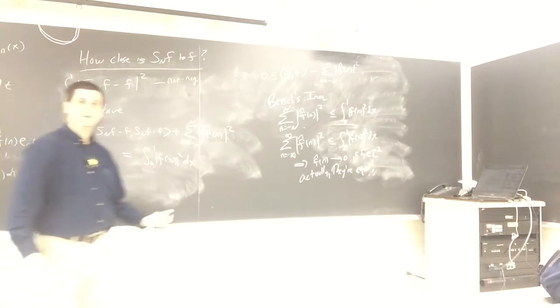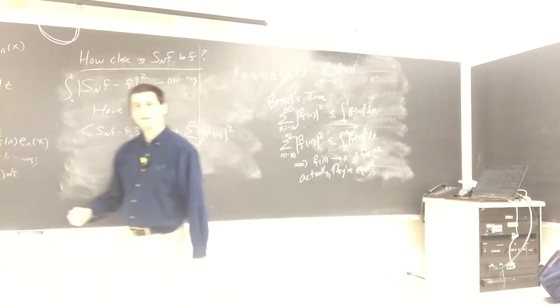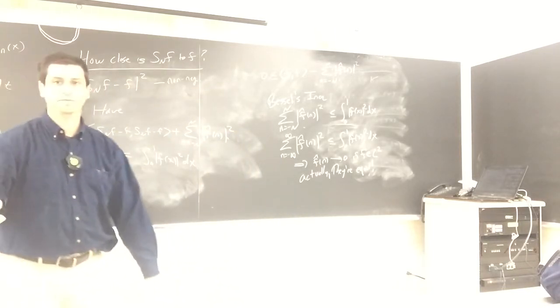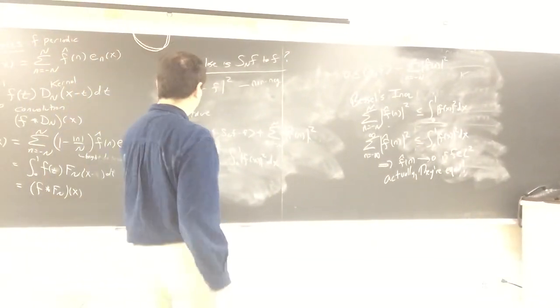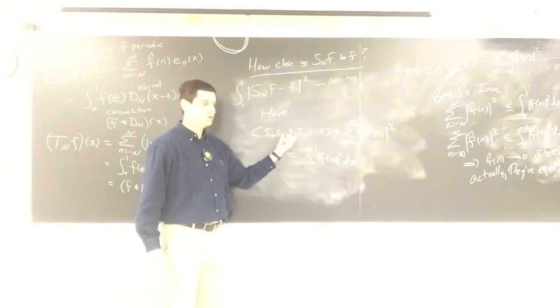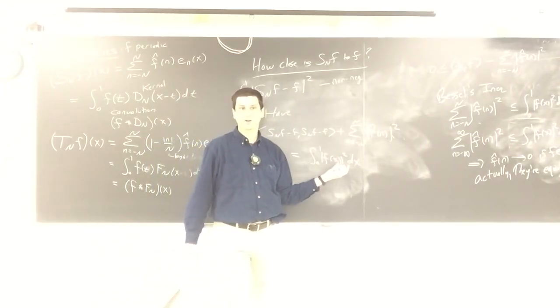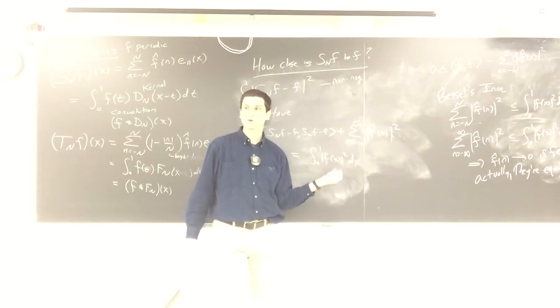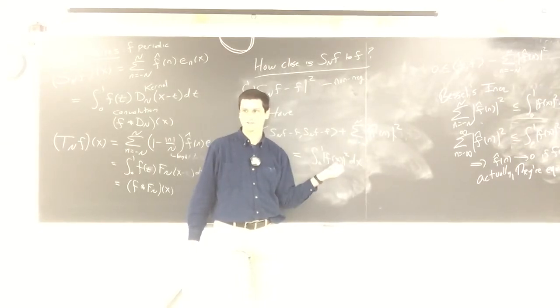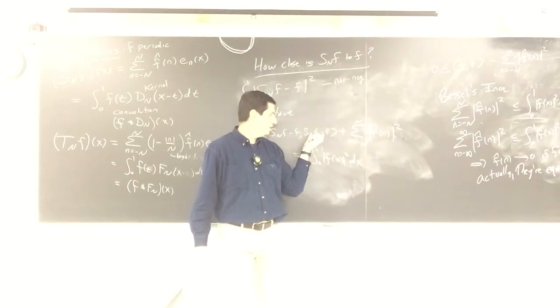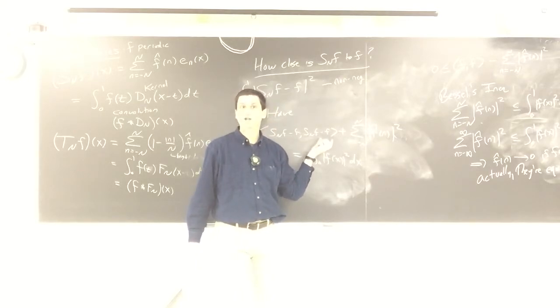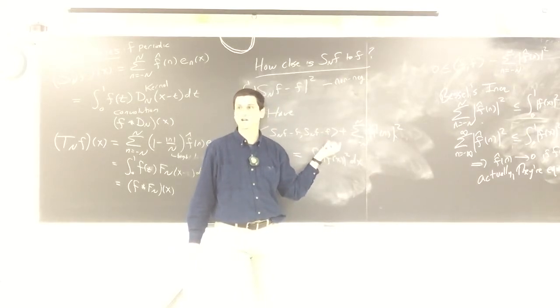Now we want to take the limit as N goes to infinity. So when we take the limit, we just need to show that this goes to 0. If we can show that this goes to 0, then this will actually equal that. So here's the way to prove Bessel's inequality is Bessel's equality: you show that the Fourier series converges to the original function in L2.